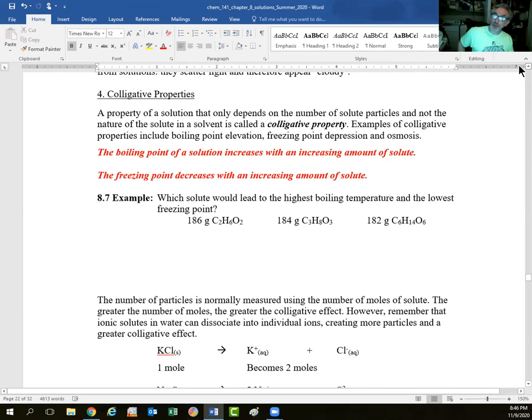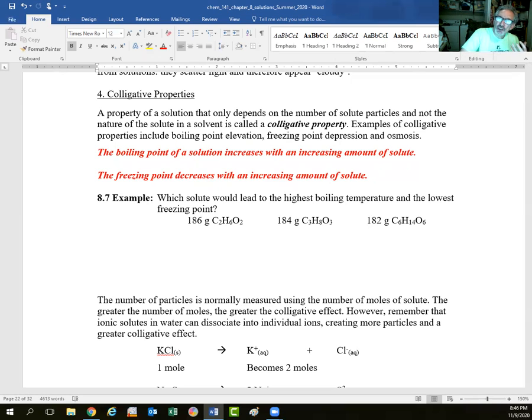The only 2 we're going to talk about briefly are boiling point increases and freezing point decreases, what we sometimes refer to as boiling point elevation and freezing point depression. You take a pure liquid and add in a solute, that will cause the boiling temperature to elevate and also cause the freezing temperature to depress or drop even lower.